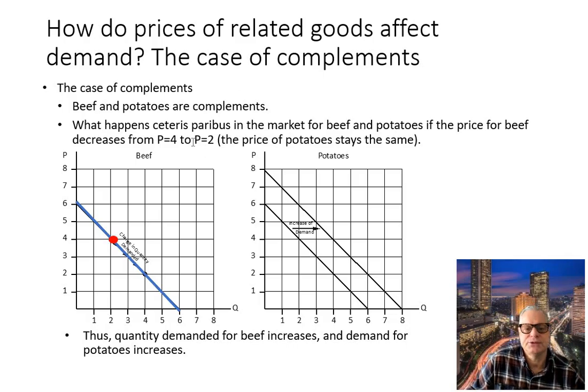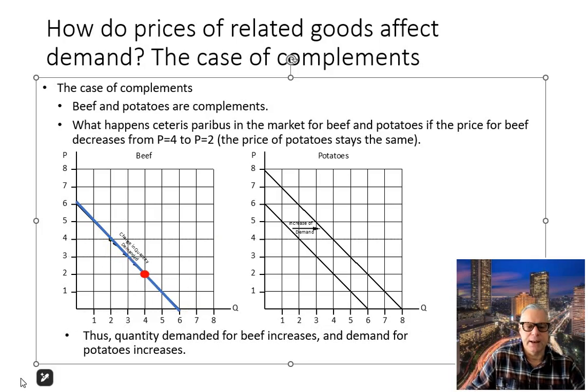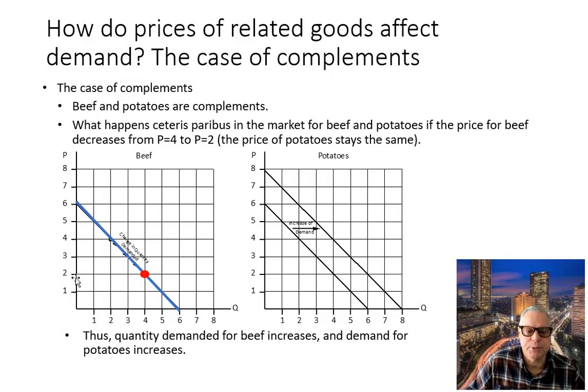So what happens, ceteris paribus, which means holding everything else constant, in the market for beef and potatoes, if the price for beef decreases from 4 to 2. In the market for beef, the price is currently 4. Quantity demanded is 2. Now the only thing that happens is that this price goes down to 2. As a result of the decrease in that price, quantity demanded for beef goes up to 4.